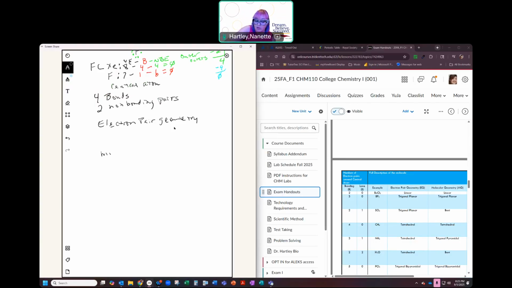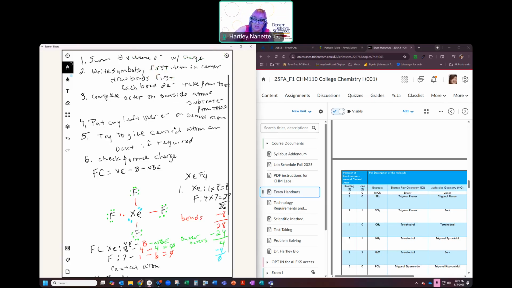And then the molecular geometry. So again, with my electron pair geometry, I'm taking into account everything that I drew. So it takes into account these 4 bonds and the 2 lone pairs.